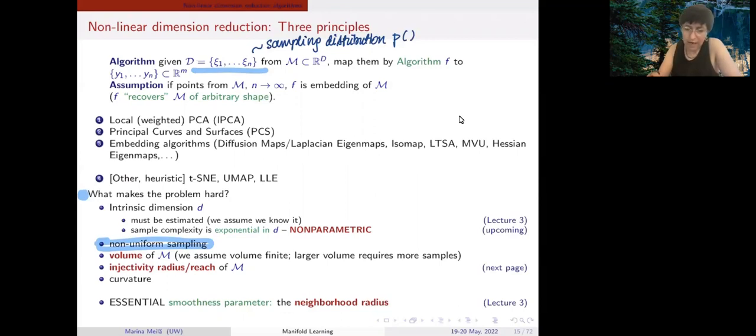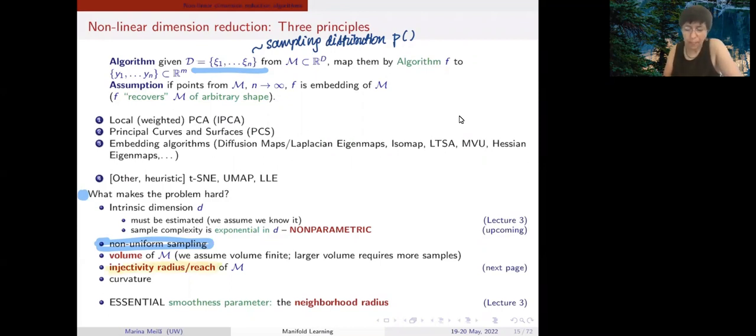Okay. And another difficulty in estimating a manifold comes from the injectivity radius, or reach.